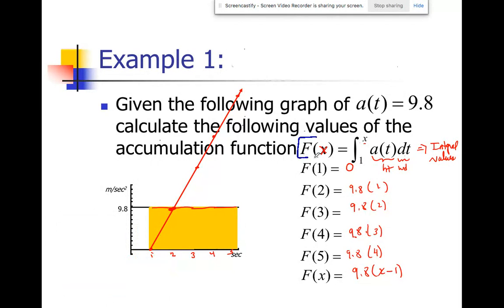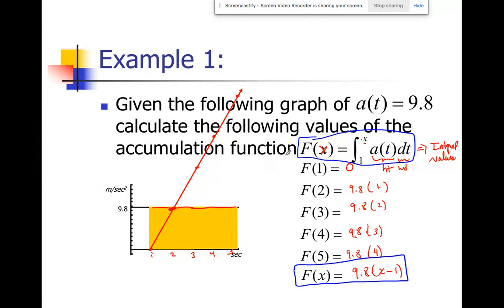You had an accumulation function. And we accumulated by changing x, right? Changing our delta t. But we looked at our pattern and we found a rule that gives the same answers without integrating.